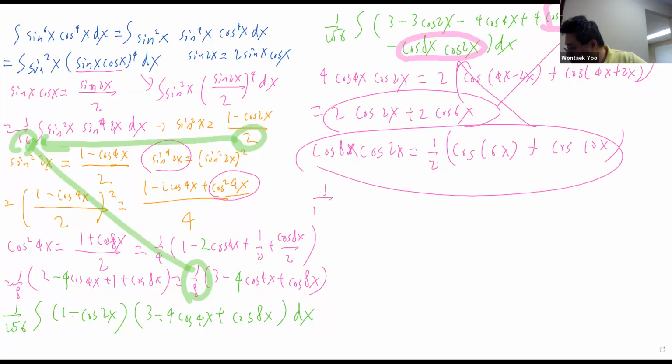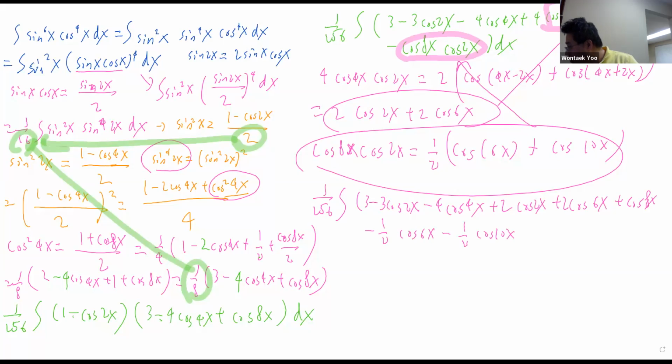We have 1 over 256 integral of 3 minus 3 times cosine 2x minus 4 times cosine 4x, and then we have plus 2 times cosine 2x plus 2 times cosine 6x plus cosine 8x, and then we have minus half of cosine 6x and minus half of cosine 10x dx.